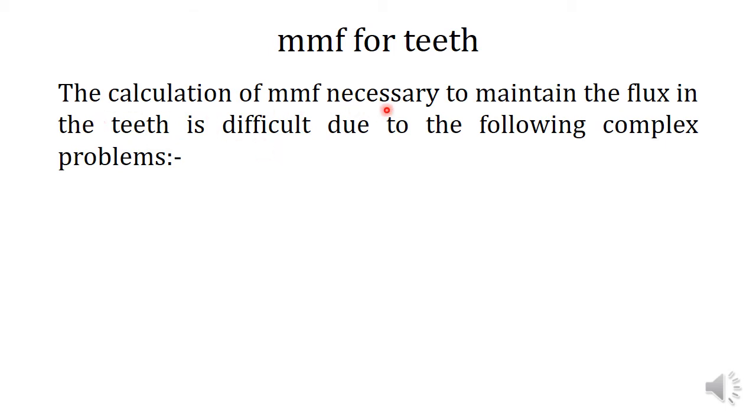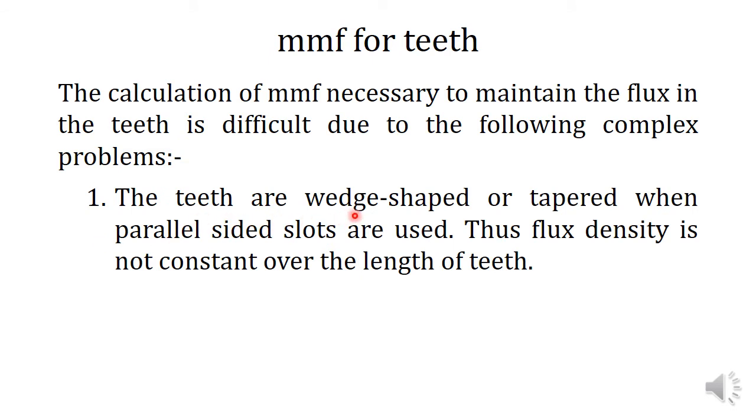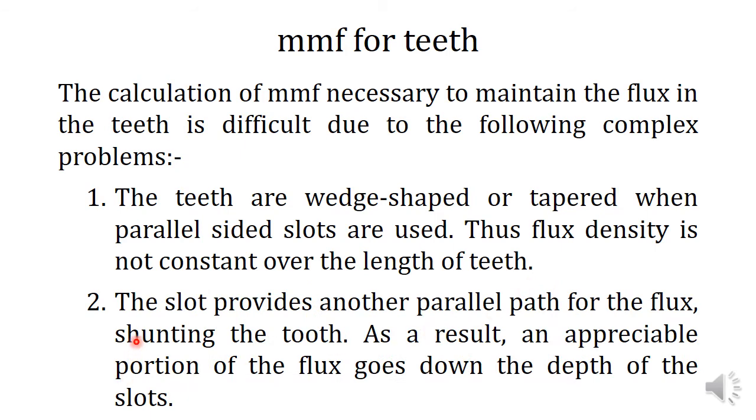The calculation of MMF necessary to maintain the flux in teeth is difficult due to the following complex problems. First, the teeth are wedge shaped or tapered when parallel sided slots are used. Thus, flux density is not constant over the length of teeth. Second, the slot provides another parallel path for flux.